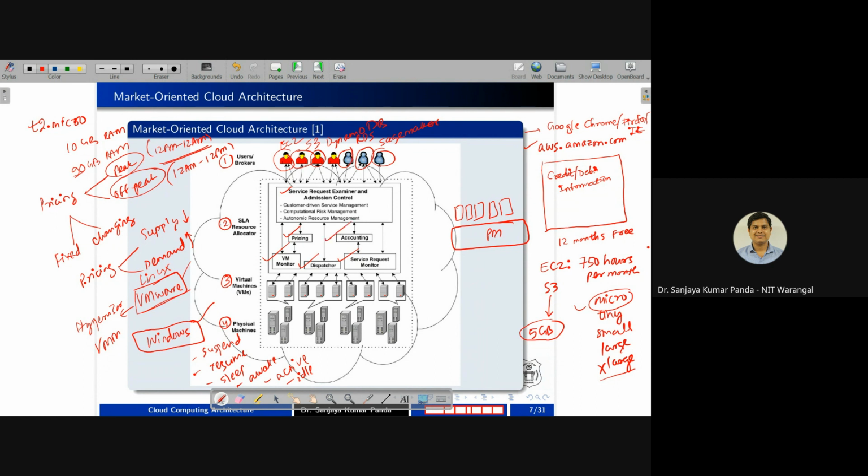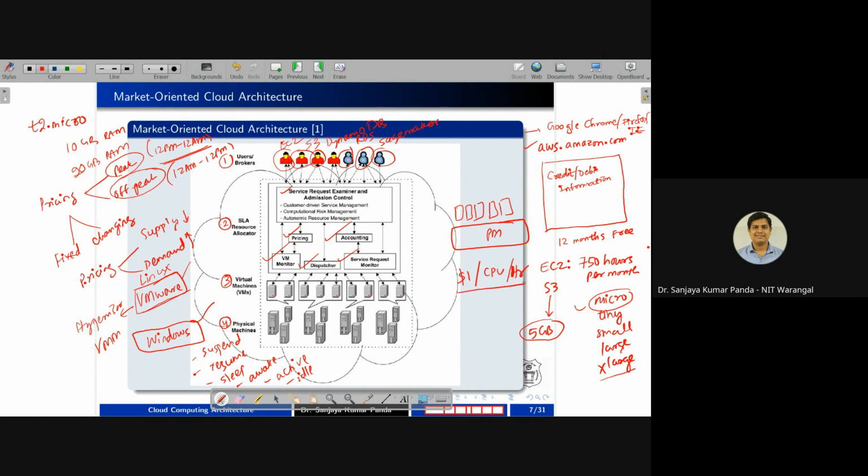Similarly, there is an accounting unit. That accounting unit is going to prepare the final charge that is going to be paid by a user. Normally, if you go for Amazon, Amazon charges for resources on a per month basis. For example, say a particular CPU costs $1 per CPU per hour.